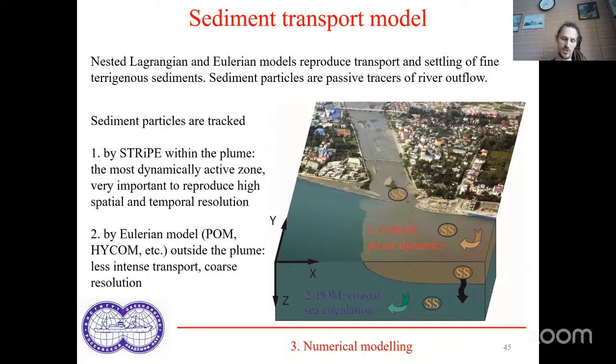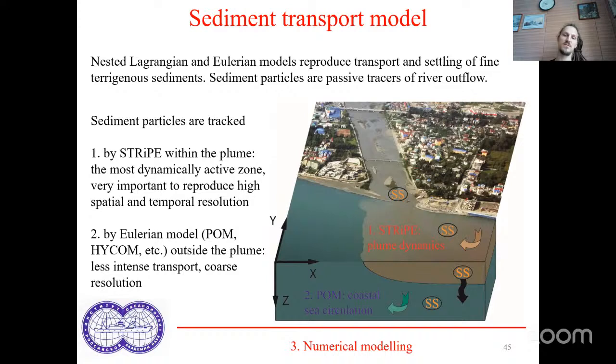Their vertical motion is governed by turbulence and also by gravitational force. We represent sediments as passive tracers of river plume dynamics in the horizontal direction, but in the vertical direction we have their motion according to gravitational settling and according to turbulence.